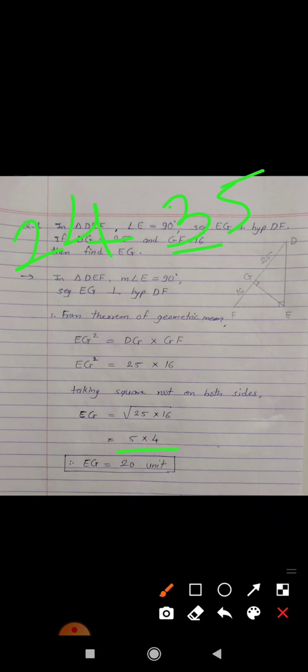At that time you cannot write this step, so you have to multiply. You will get some number, and try to find its factors. Or you can keep it as it is also, but try to find its factors, so you will get the answer in this format. So that's it in this video. See you in the next video.